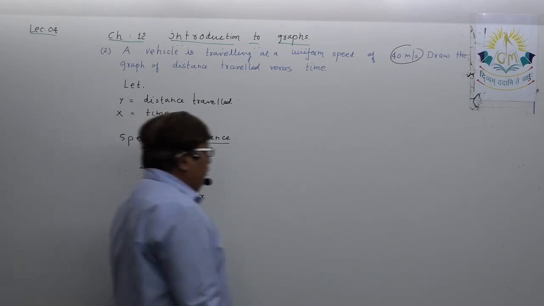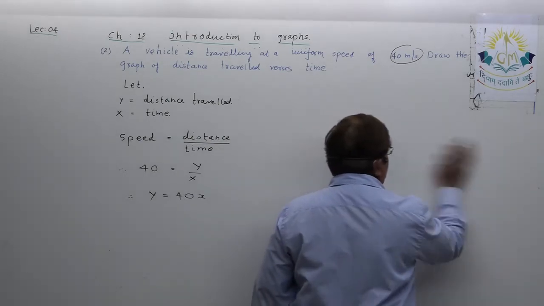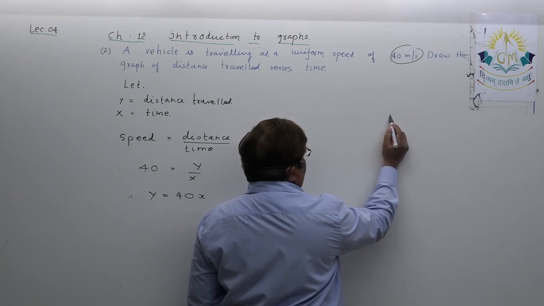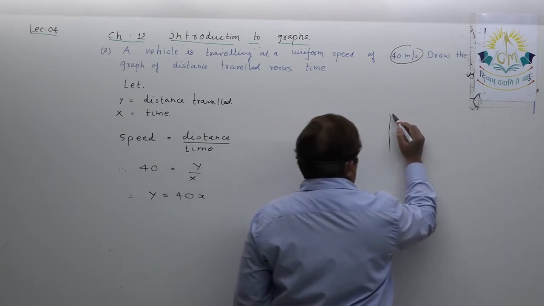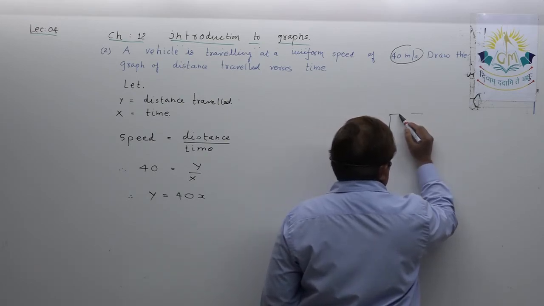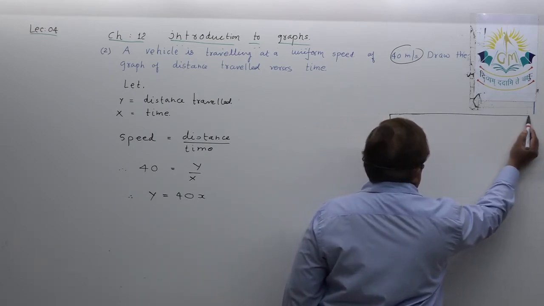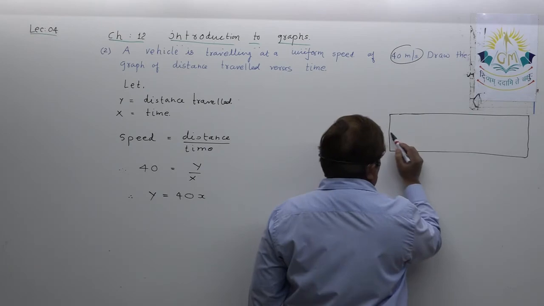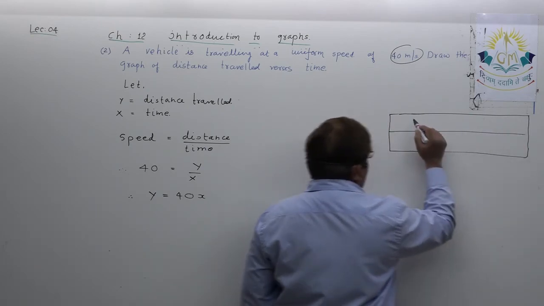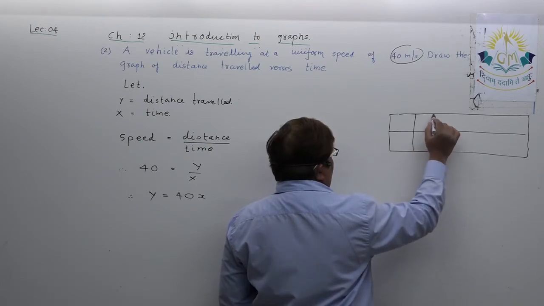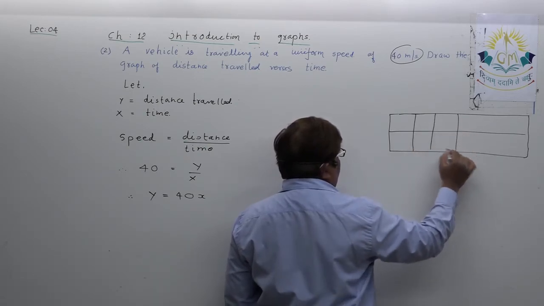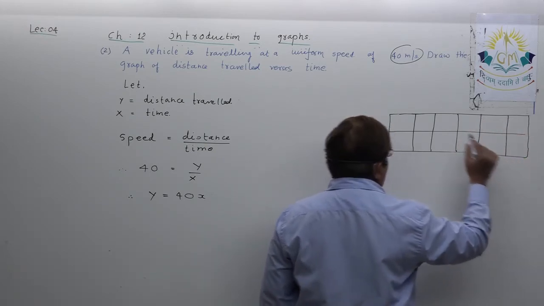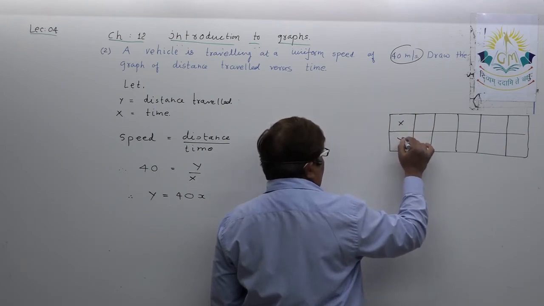Now, dear student, it is just a question of making the observation table, okay? In the observation table, as you all know, the minimum is 5 values. More than 5 you can take, but never less than 5, okay? X and y.